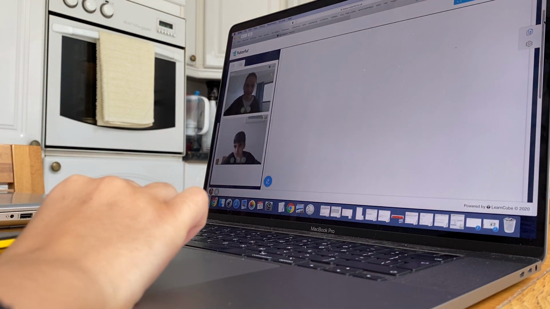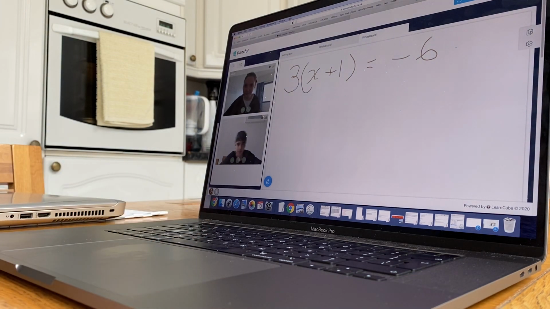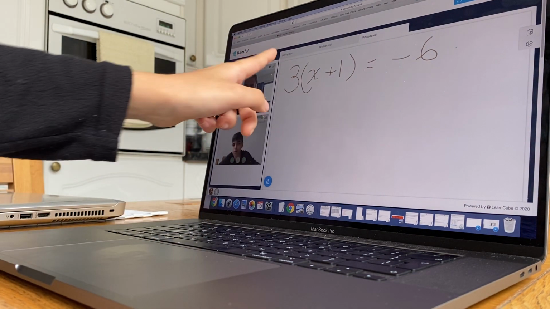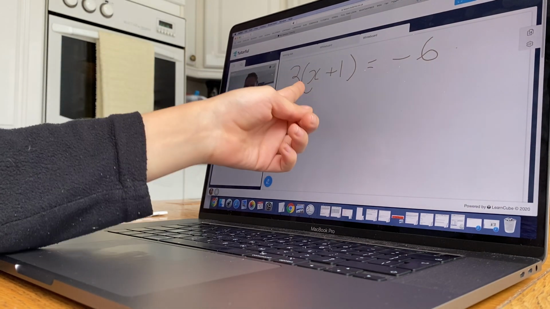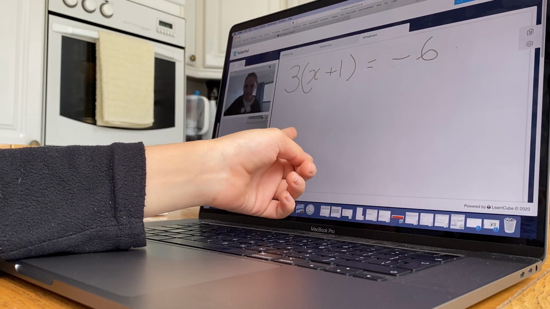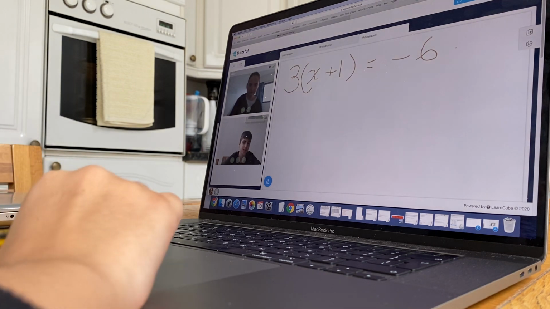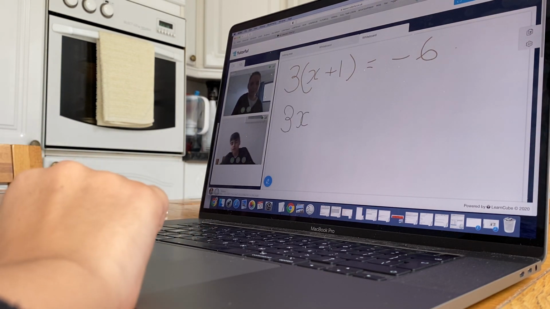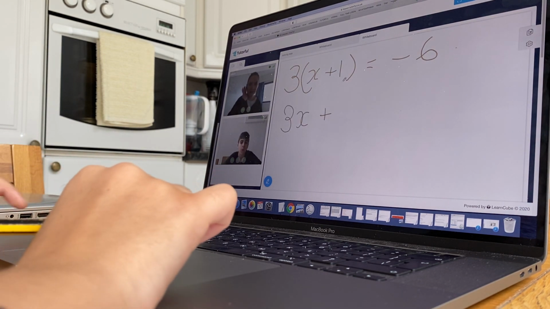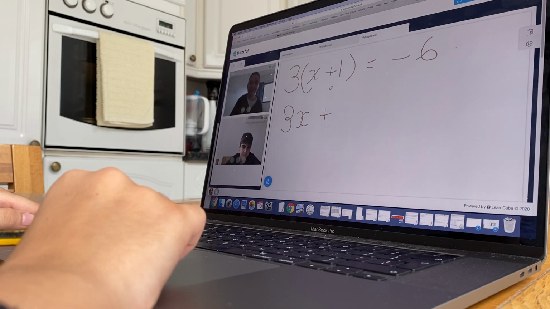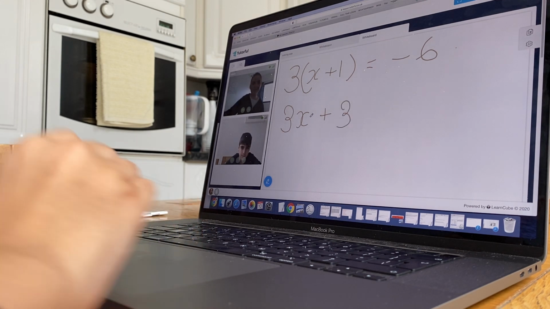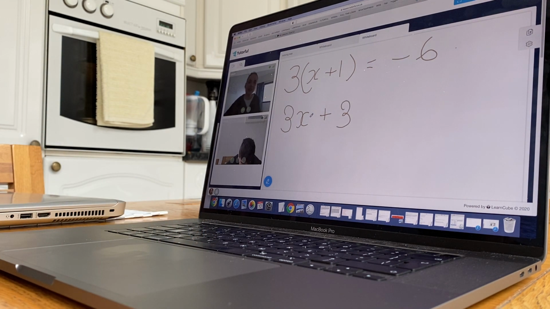What we're going to do: 3 multiplied by x is going to be 3x, and 3 multiplied by 1 is going to be 3. So that bracket there expands to 3x plus 3.